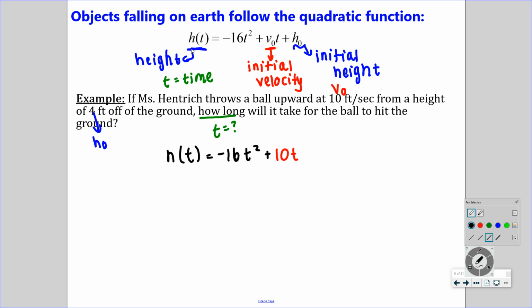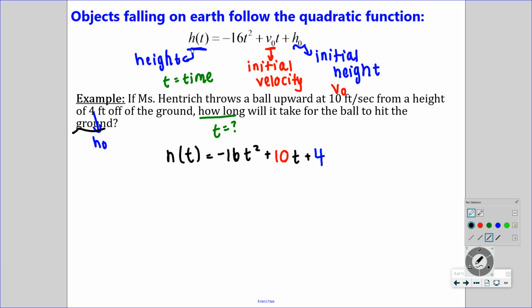T plus my initial height of 4. Okay. Now I want to find the time in seconds of how long it will take for the ball to hit the ground.